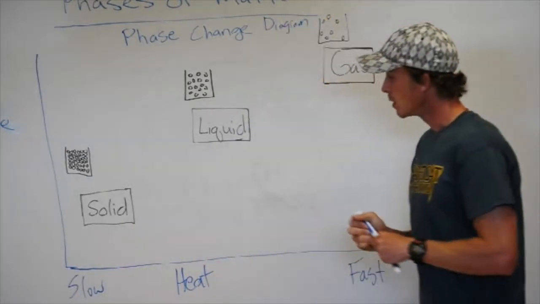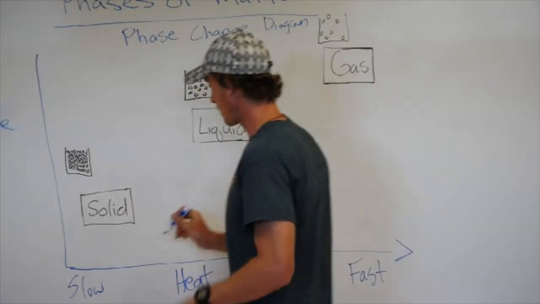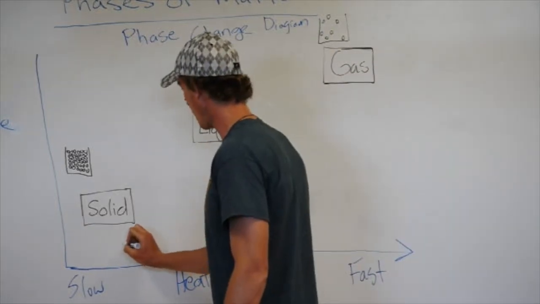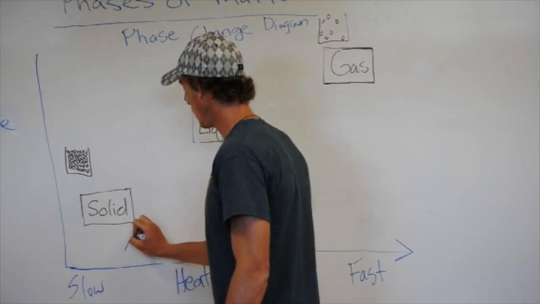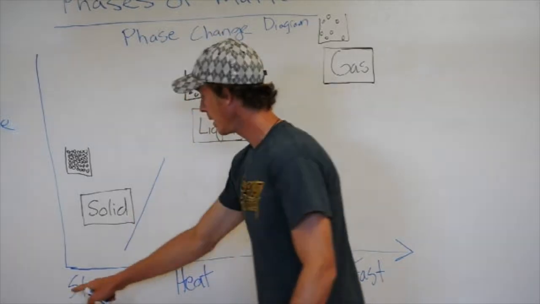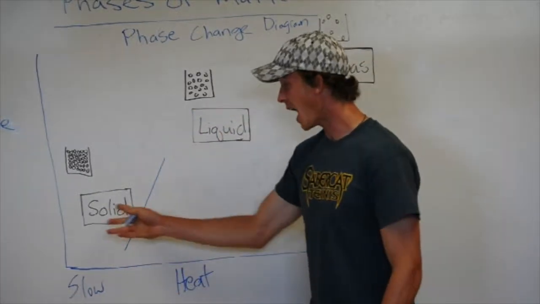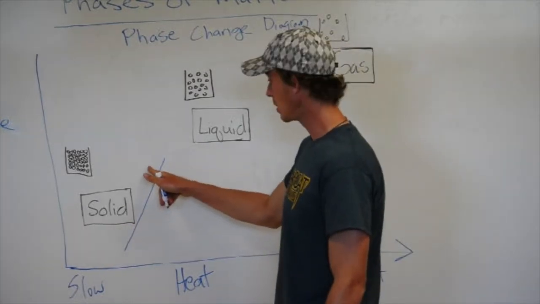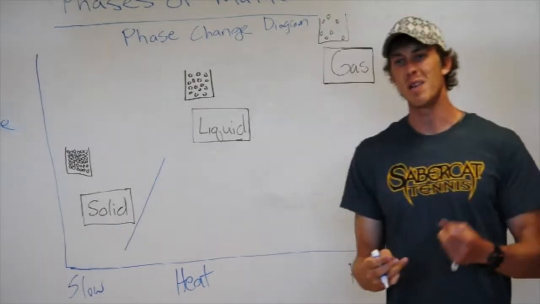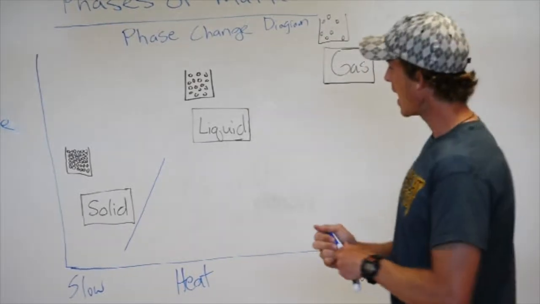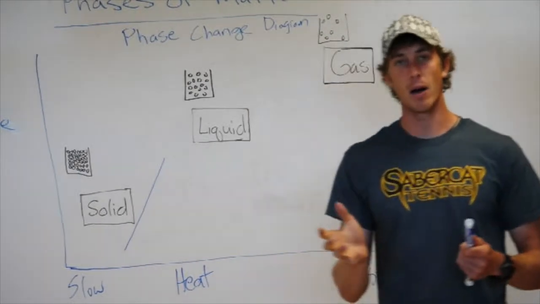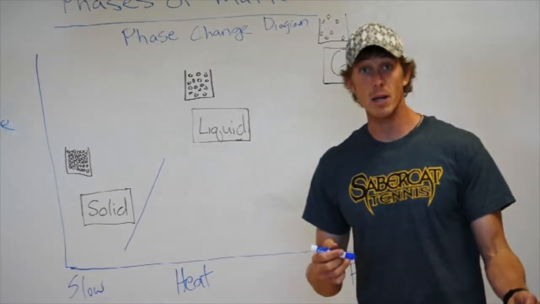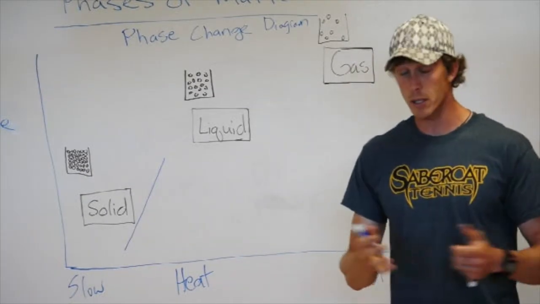All right, so when I have a solid, I'm going to start with a solid, obviously. And as I increase heat and time increases, I am making it get to a certain point where the solid, I mean, let's think about it like this. Can ice be a solid at -10 degrees and -20 degrees?